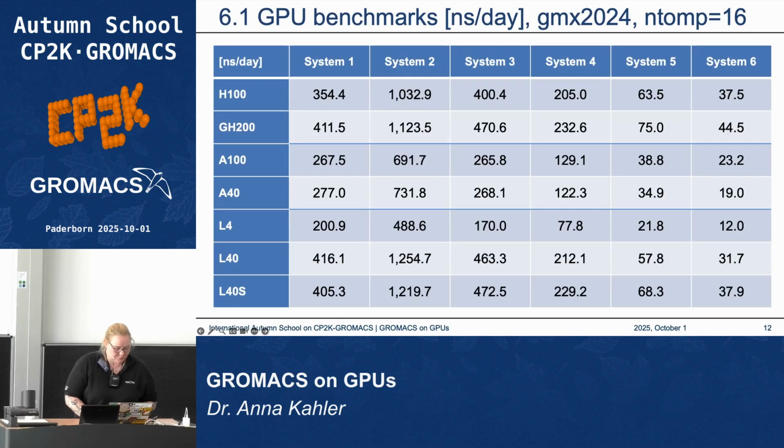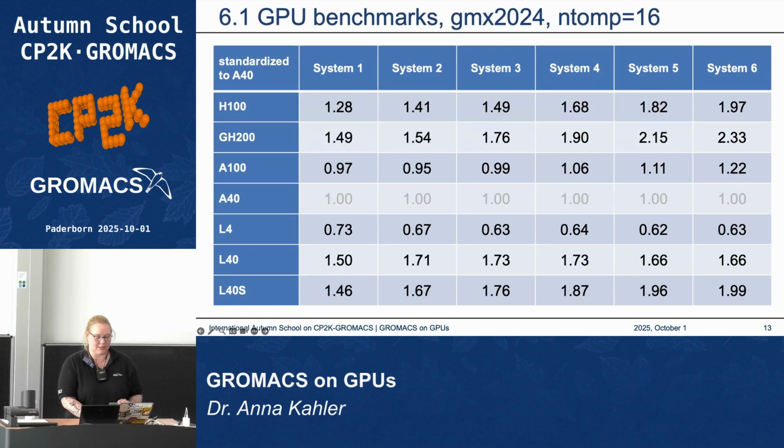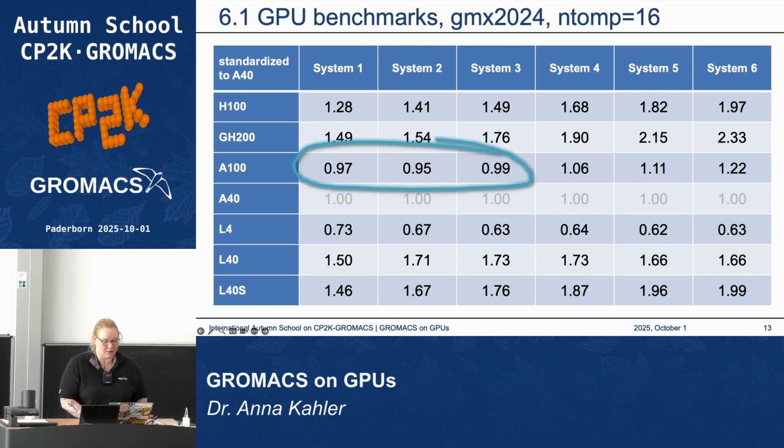It's a lot of numbers. You don't have to really understand what is going on here. I standardized them to the A40 as a baseline. So this is what we can see here. They are all standardized. It's also in the top left corner of the table. So what we can see from these numbers is that the smaller systems give worse performance on the A100 GPUs than on the A40.